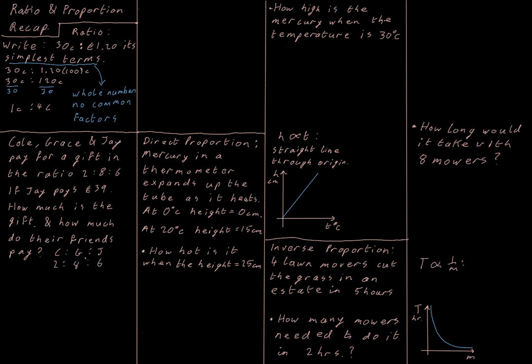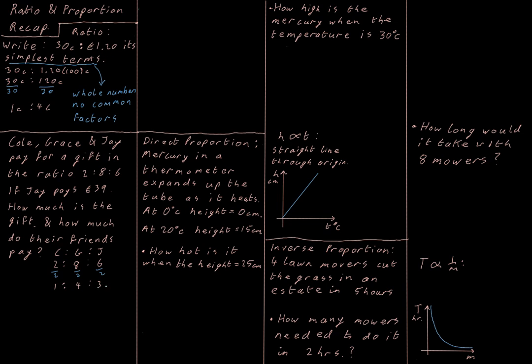So if Cole paid €2, Grace would pay €8, Jay would pay €6. I can see here that this is not a ratio written in its simplest terms, so I'm going to divide out the common factor so that I have a simpler ratio to deal with. So for every €1 Cole pays, Grace pays €4 and Jay pays €3.